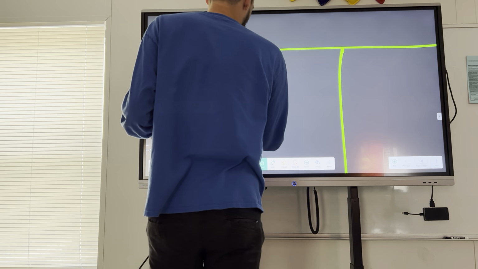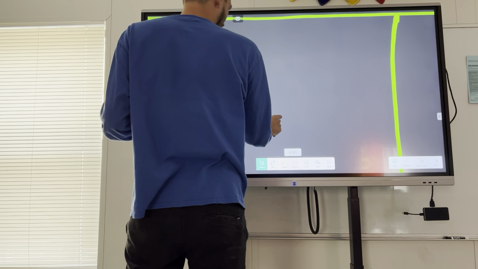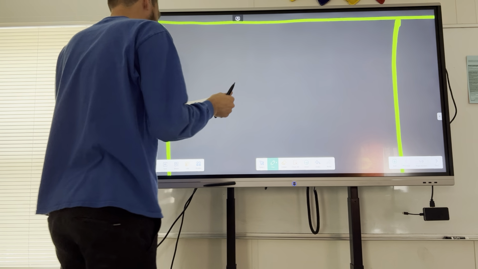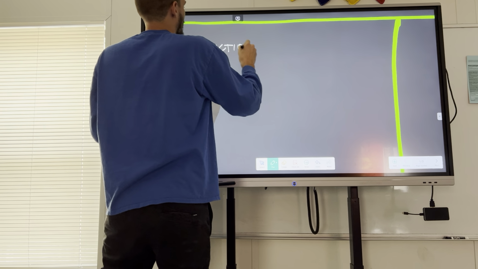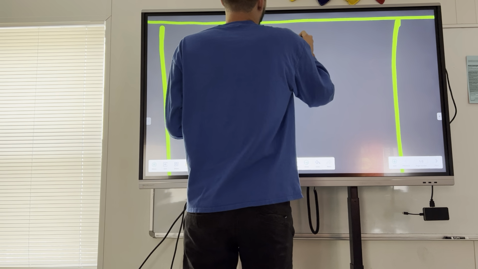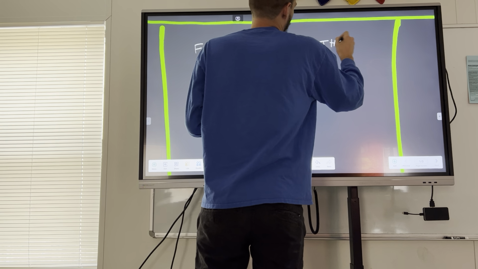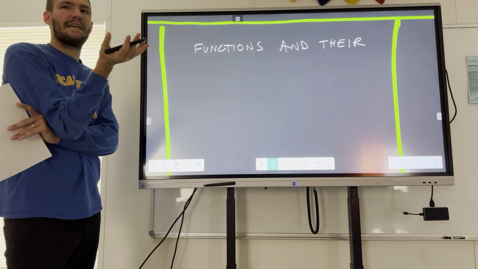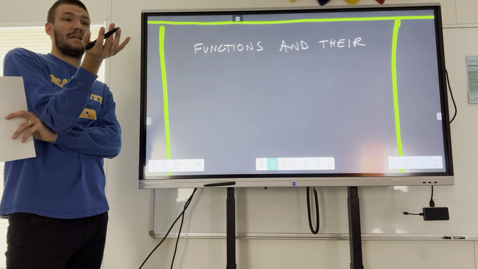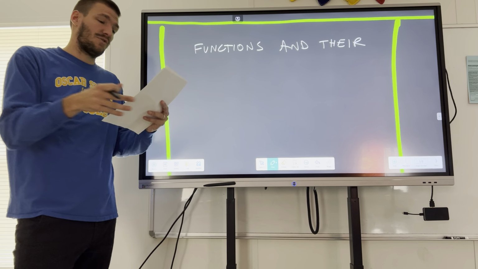Okay, now, let's finish off. Again, we're trying to move reasonably paced today. Let's finish off by talking about functions and their... Now, honestly, I was thinking about a word for this. I didn't really like how it was described.